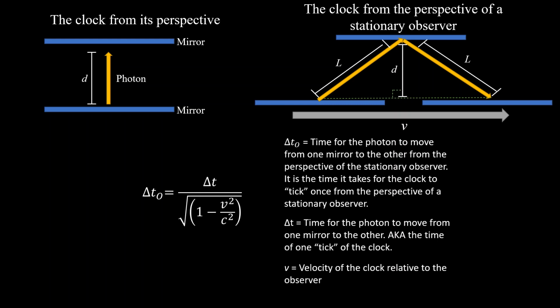Each tick takes more time. This phenomenon is called time dilation, and we have just derived its formula using the basic assumption that the speed of light is the same for every observer, no matter their velocity. In the final lesson, we will learn how the phenomenon of time dilation affects nature and our human lives.